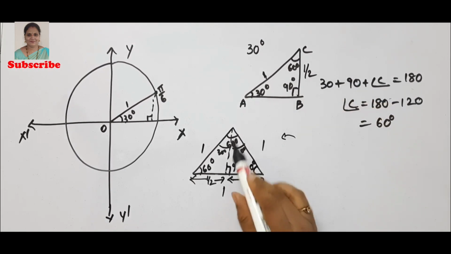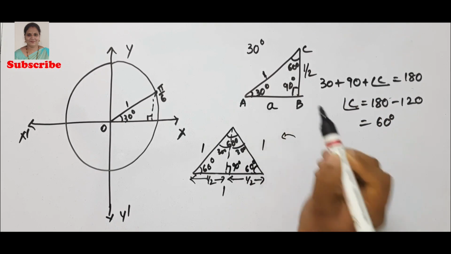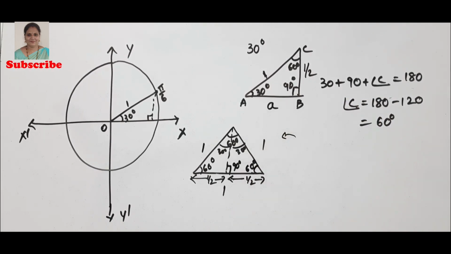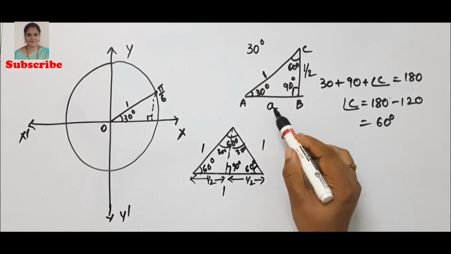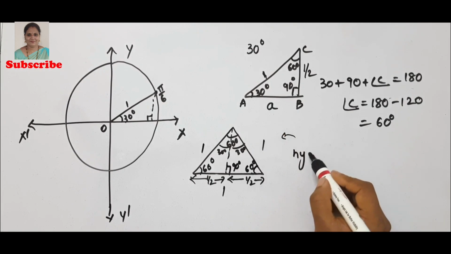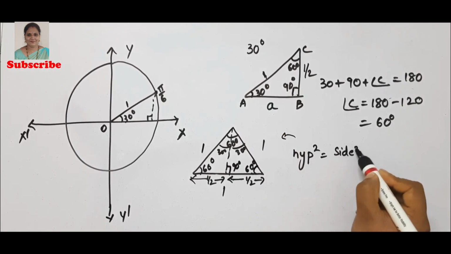Now we don't know the length of this side, which we have to calculate. So let us take it as a. Now using Pythagoras theorem, we can get the value of this. So hypotenuse square is equal to side square plus side square.